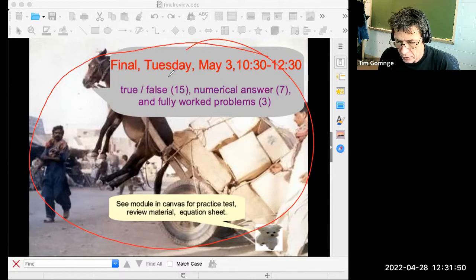Also, on our Canvas page are recordings of my solutions to a practice test. So you can also take a look there at the Zoom recording of my solutions to a final practice test. So maybe that's useful also.